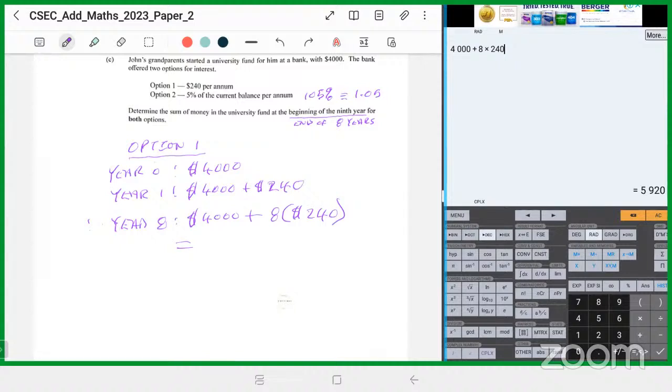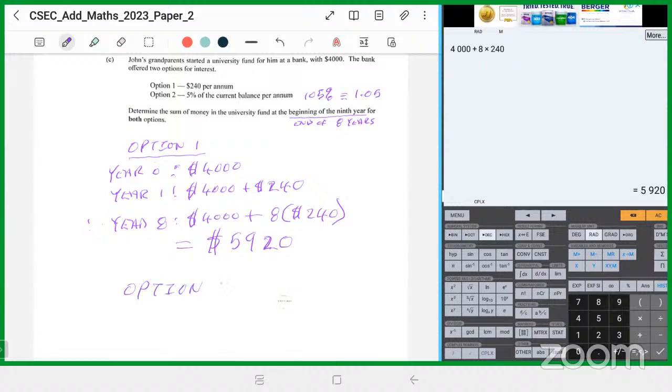I would have added $240 8 times. Year 0 is when we started, and we are doing the investment 8 times to get to 8 years. So the total in option 1 after 8 years is going to be 5920. That's the answer for option 1. Then we're going to go for option 2.